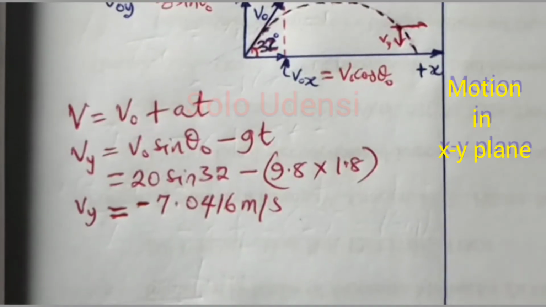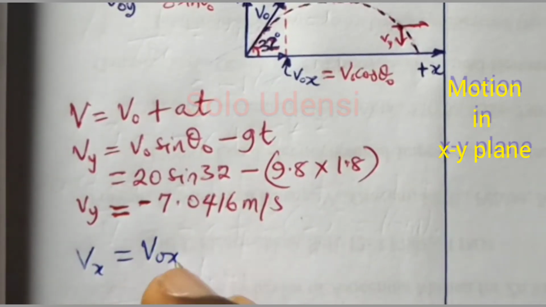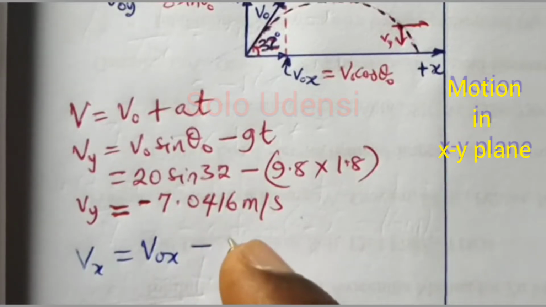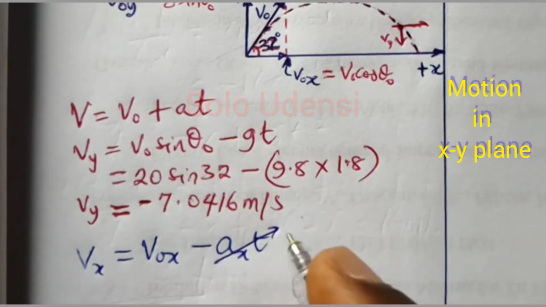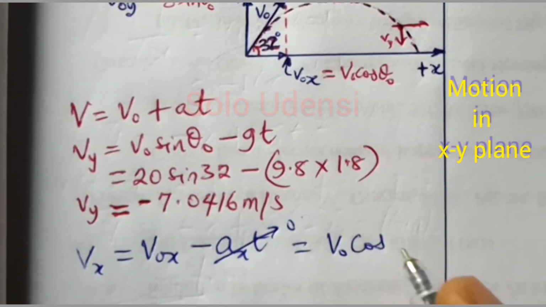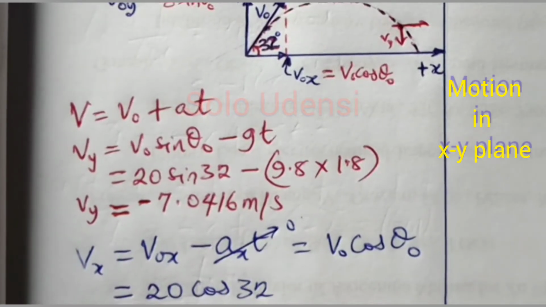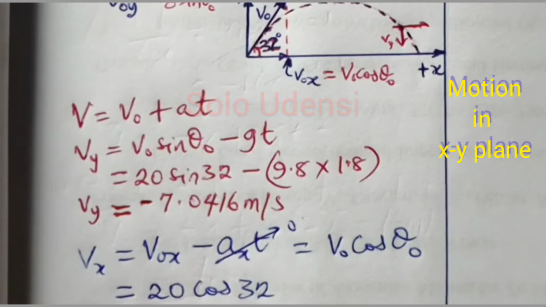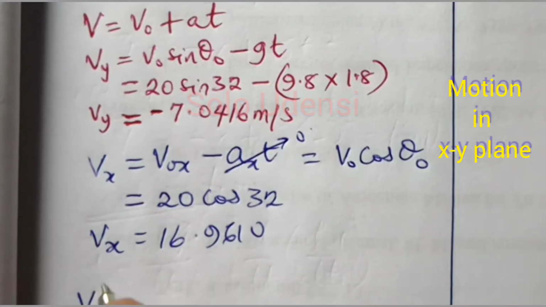The horizontal component will be v x is equal to v naught x minus, if you like, a x t, but there is no horizontal component of acceleration, so that is equal to 0, and we have v naught cos theta naught, which is equal to 20 cos 32 degrees, and it is equal to 16.9610.